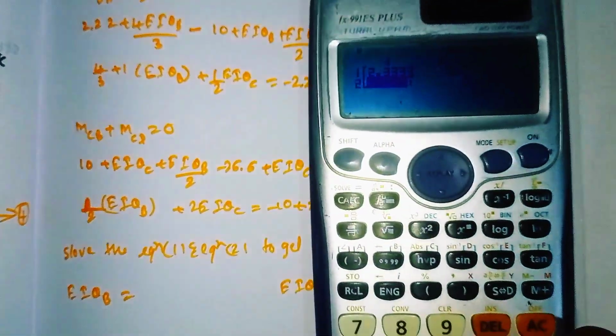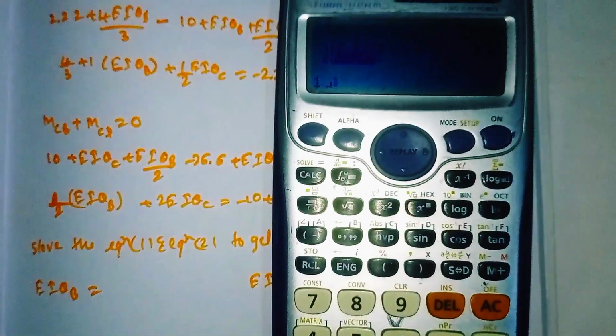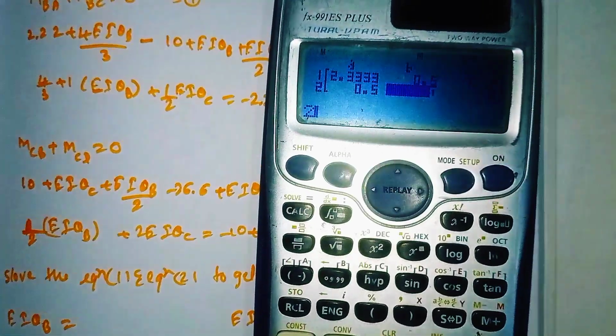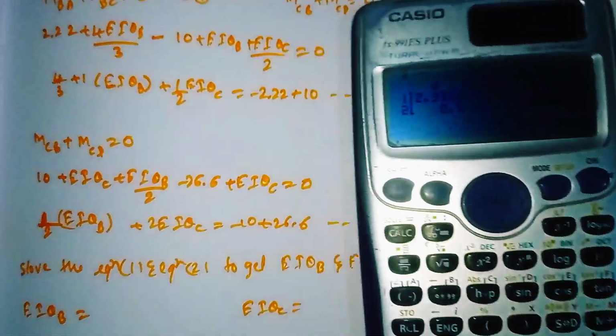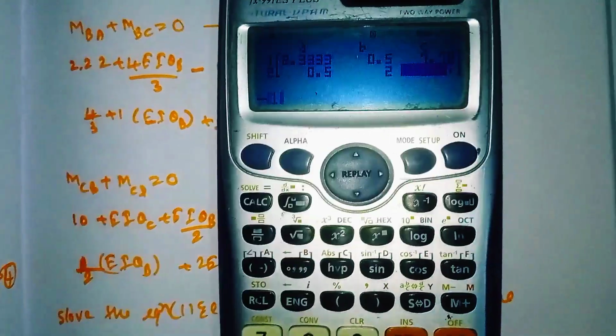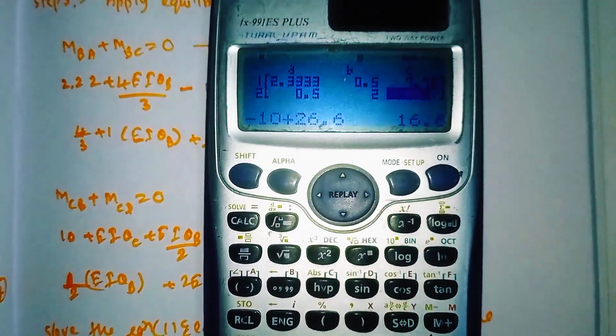So here this equation is 1 divided by 2 plus 2, minus 10 plus 26.6. So solve this.